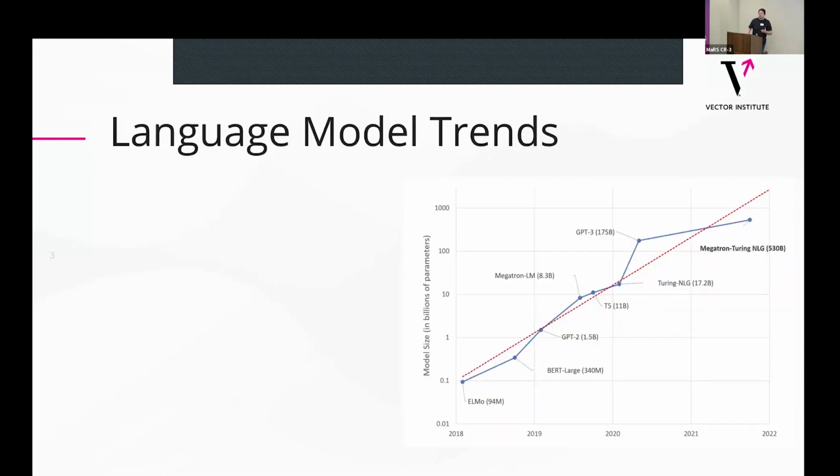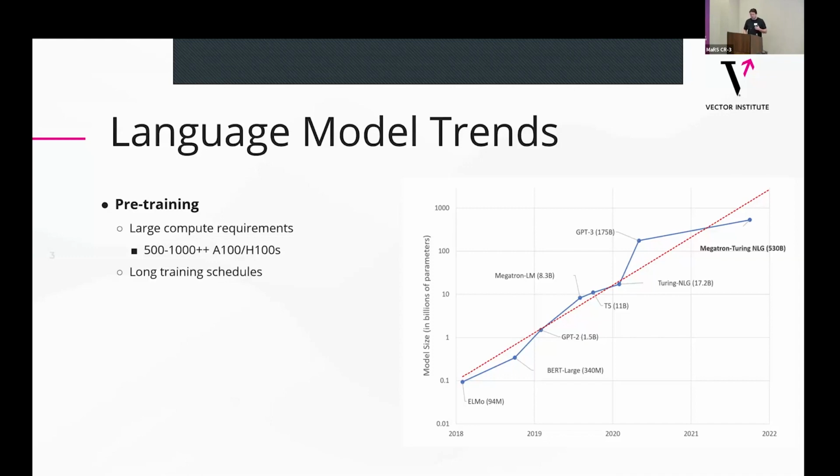I don't think this will be much of a surprise to most of the people in the room. Some of the trends that we've seen over the last few years in language modeling, particularly in the pre-training space, is that there are large compute requirements. Looking at 500 to 1,000 minimum A100s or H100s for these types of workloads, with long training schedules and high cost associated with them.